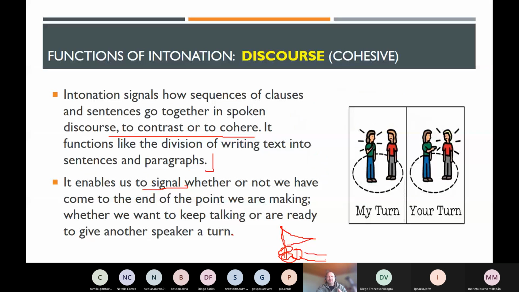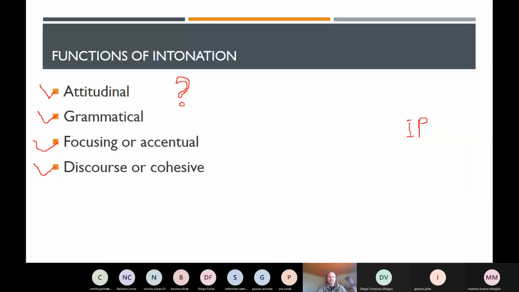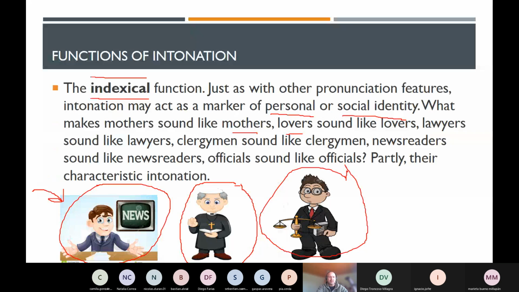Also, we learned that intonation helps when it's the other person, right? And also, we learned that there's an indexical function with the intonation that you acquire or you have if you're part of a trade.